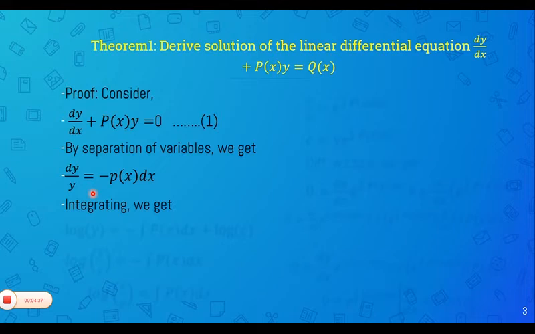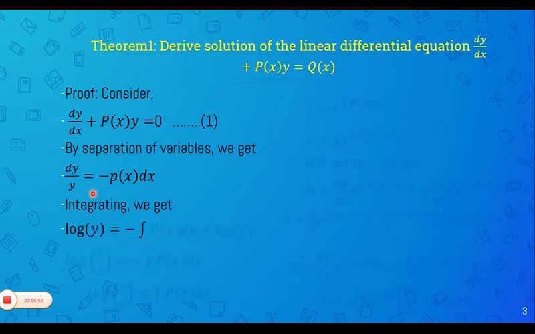On the left hand side, the denominator is y, and the derivative of y, which is 1, is present in the numerator. And we know the rule of integration: when the derivative of the denominator is present in the numerator, then its integration is nothing but log of the denominator. So here the denominator is y.